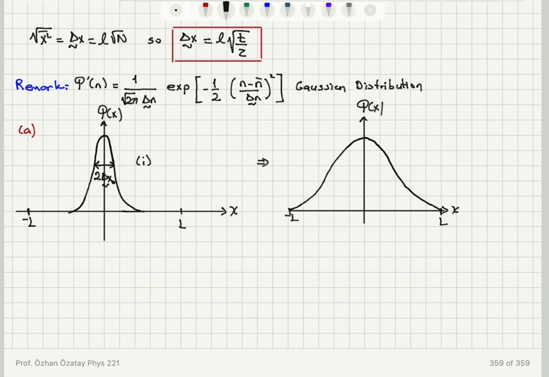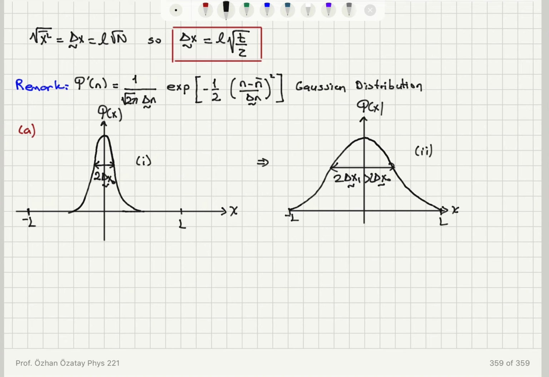This is for delta x 1 tilde, let's say, that is greater than delta x 0 tilde. So you will have a larger full width half max. And then, so that's part II.